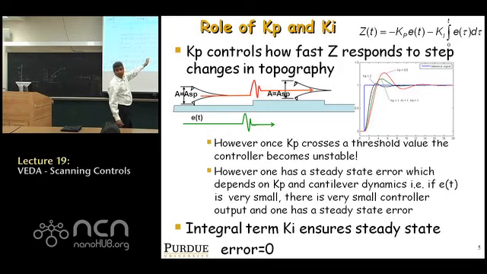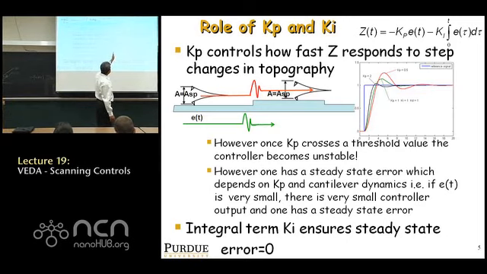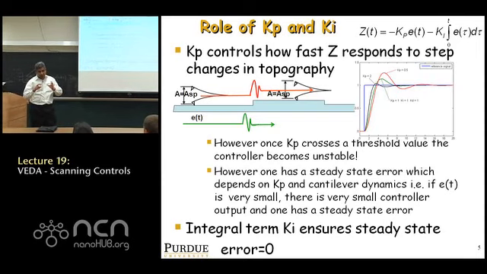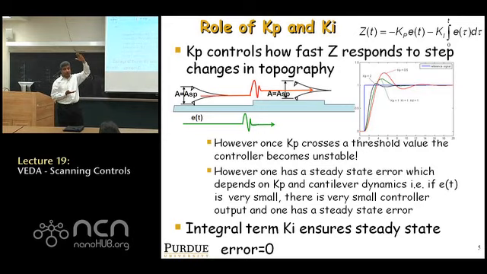As you start increasing the proportional gain, you start approaching the set point faster, but if you increase the proportional gain too much, you're overshooting. You start self-oscillating. If the proportional gain is too high, the Z piezo responds too fast. It shoots over what's required to keep the amplitude constant.